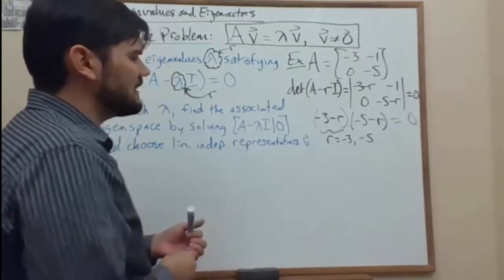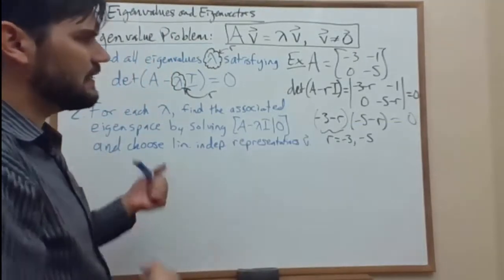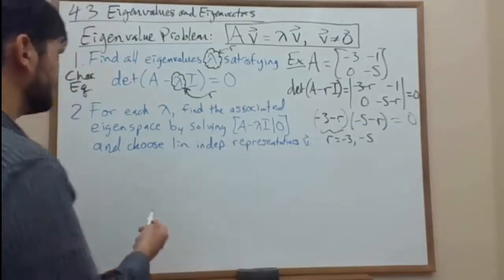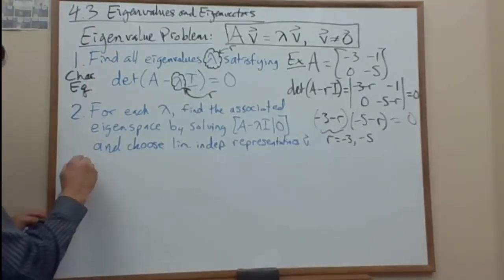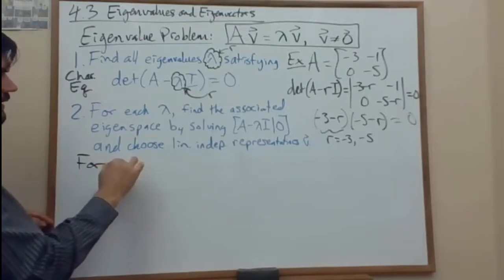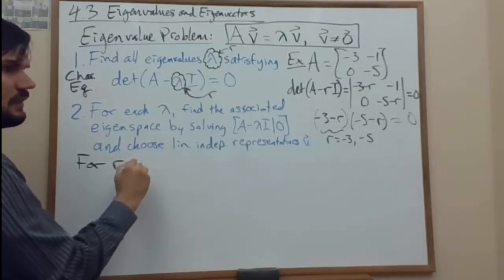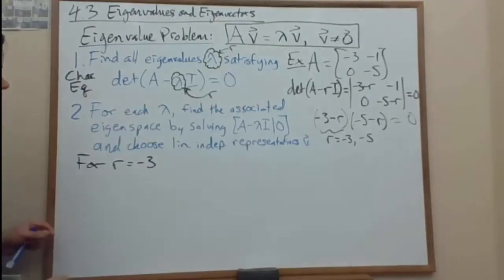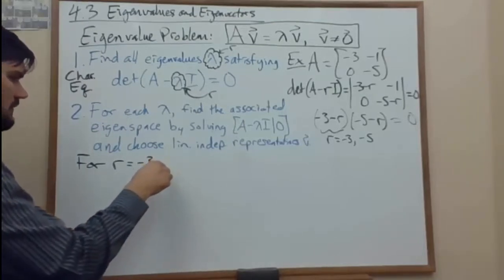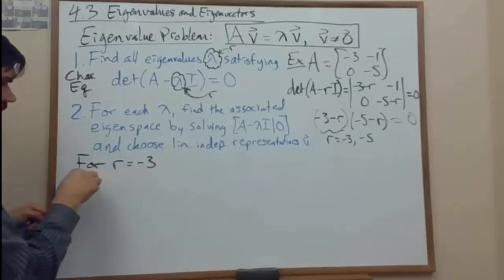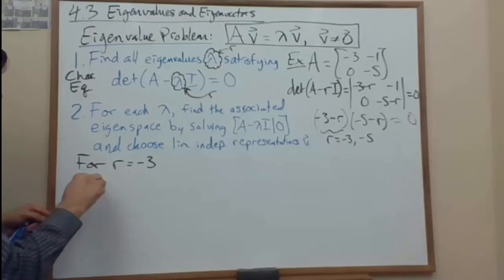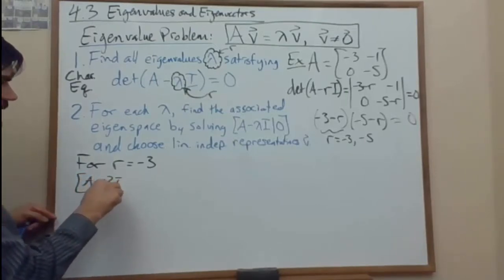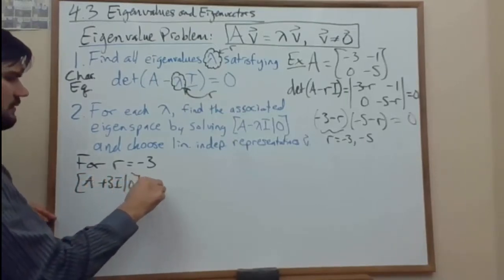Now, I want to look at each one of those and find the associated eigenvectors. So for R equals -3, I'm looking at A plus 3I augmented with 0.